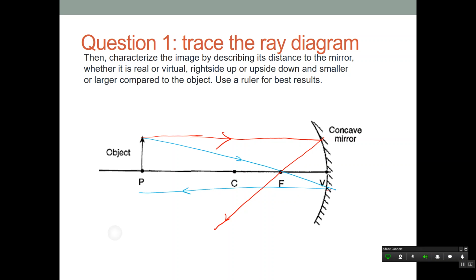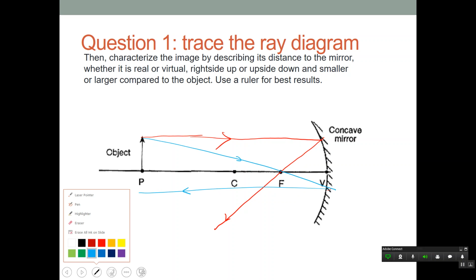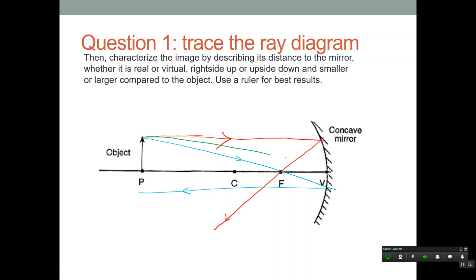And the last one is to the center of the mirror and then reflect to the same angle. This is a correct one.